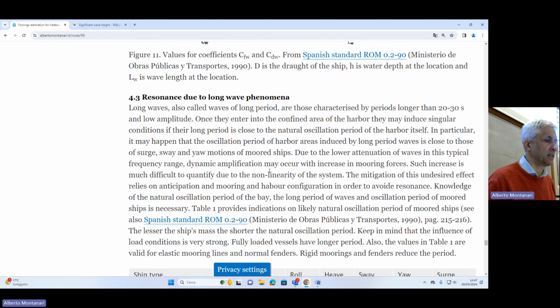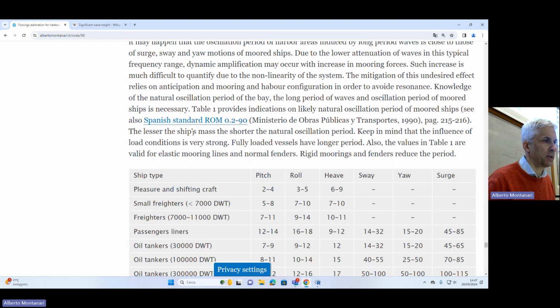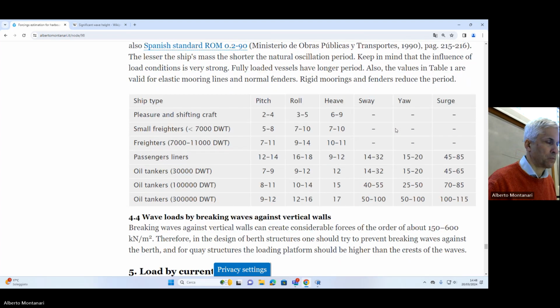So, as I said, resonance, okay? We already discussed it. And here I put online today a table which gives, taken from the Spanish standard at these pages, and which gives, let me make a correction, period in seconds.